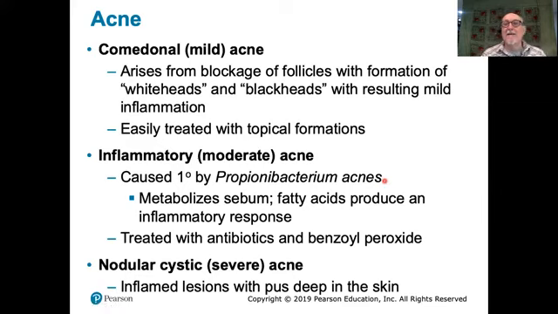Propionibacterium acnes is a bacterium which specifically grows well inside a comedone, inside these blocked hair follicles, because they actually metabolize sebum. And they produce a range of very irritant fatty acids as a result. And these fatty acids excite a very strong inflammatory response.